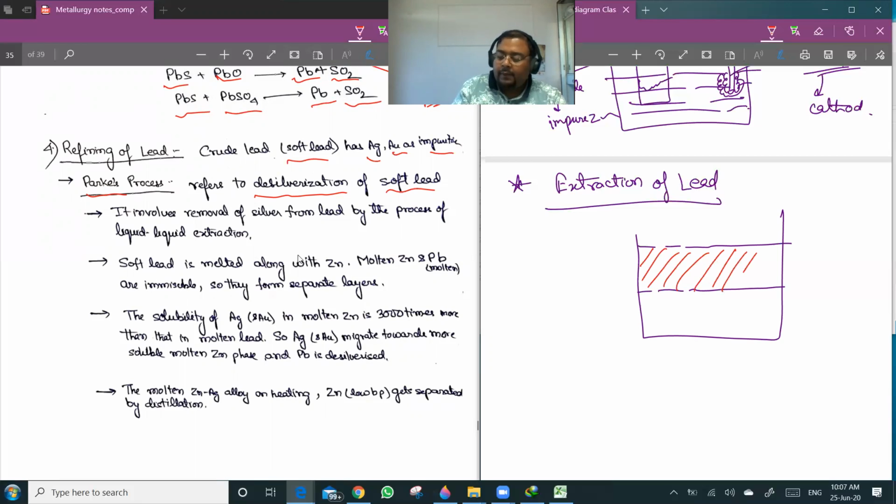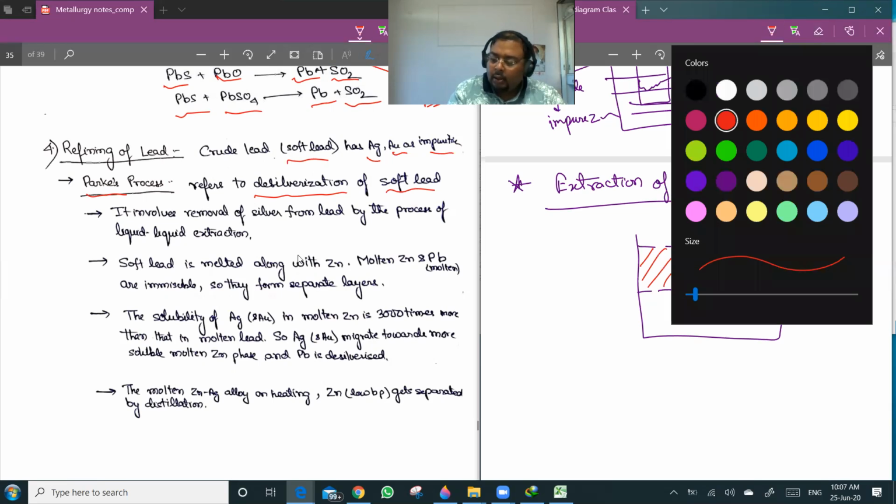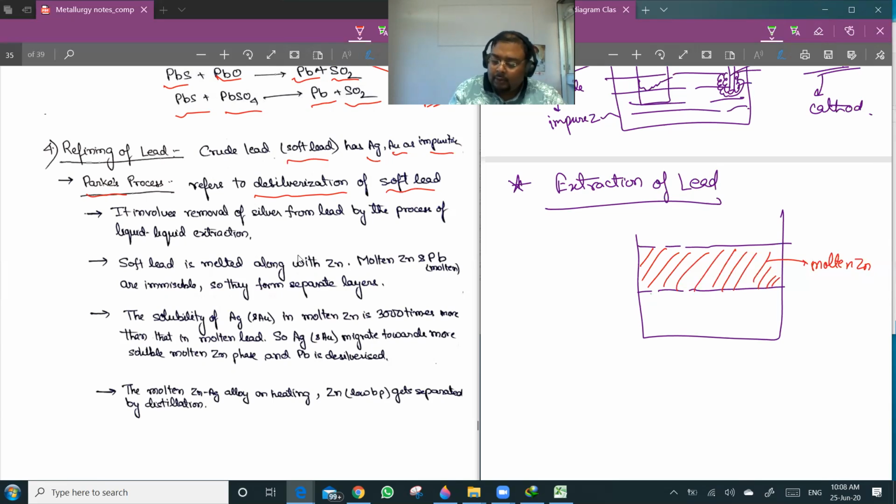Suppose this is a layer of molten zinc, because it will be lighter, and lead is a heavier metal, so it will form this type of layer. Molten lead, so molten lead and molten zinc.